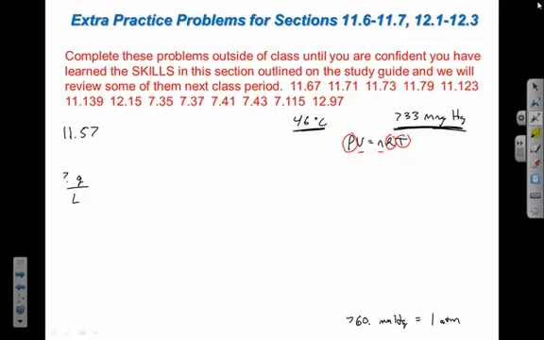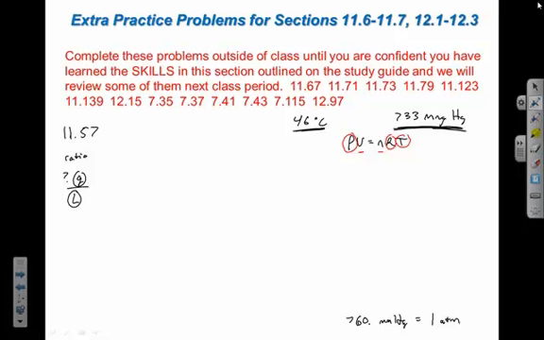Well, what I'm looking for in the end is a ratio of grams divided by liters, or the amount divided by the volume. So instead of using the ideal gas law to solve just for volume or just for moles, I can use it to solve for the ratio, which will be an amount per volume. I want to get grams per liter, and I know there's a relationship between moles and grams.